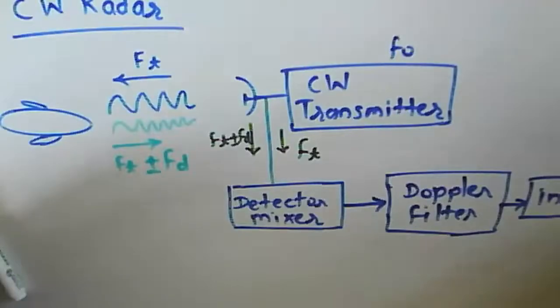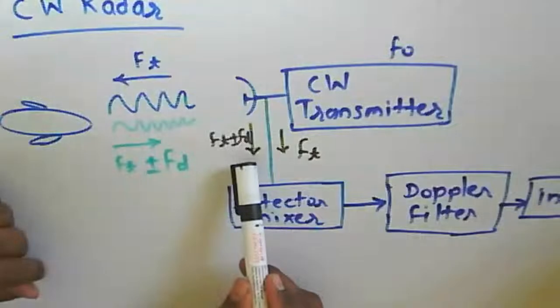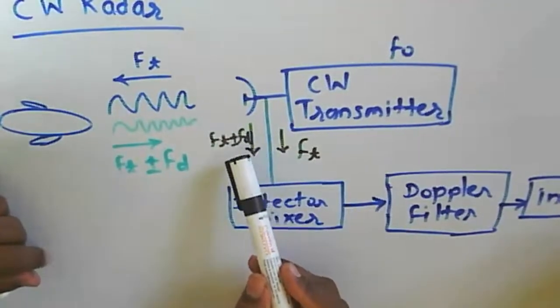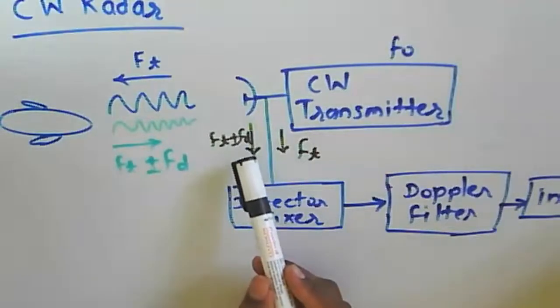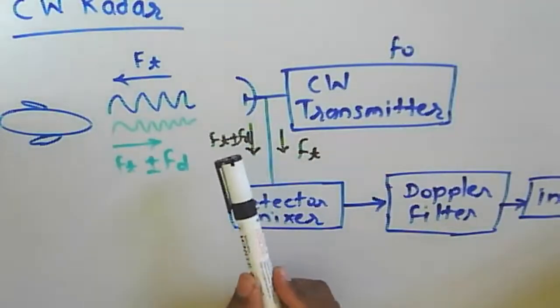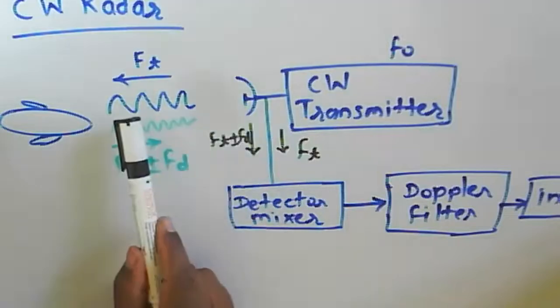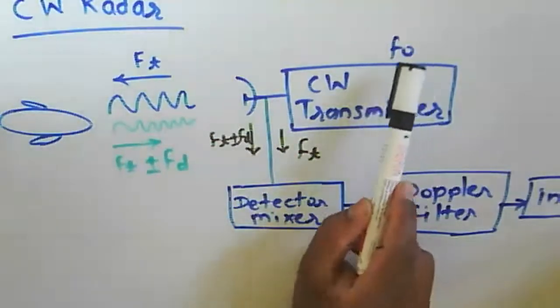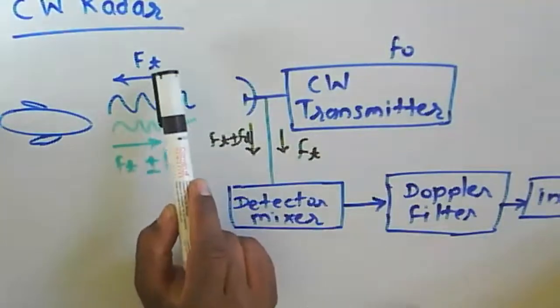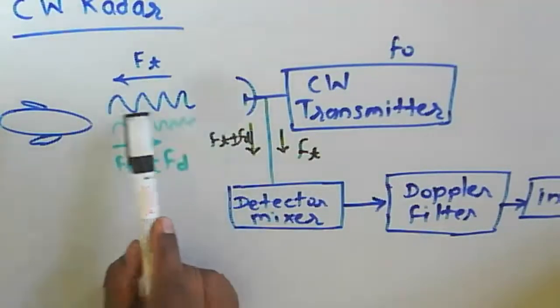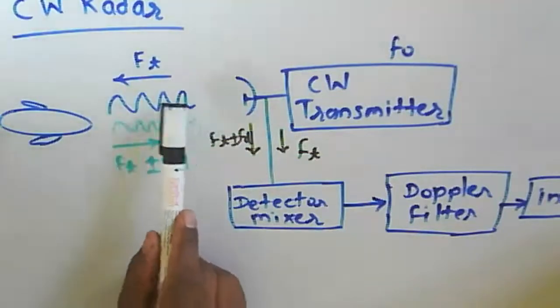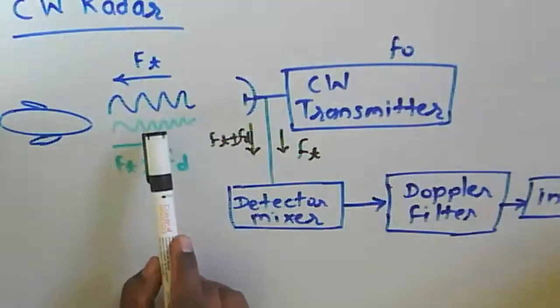Now we will see what the difference in the frequency is, that is the Doppler frequency. When a signal is transmitted by a transmitter to the target, it has a frequency of oscillation, we say ft is the transmitted frequency. When it reaches the target, some portion of the signal is reflected back.